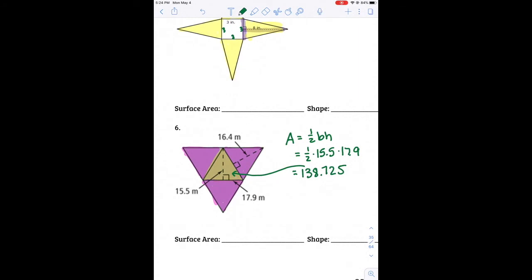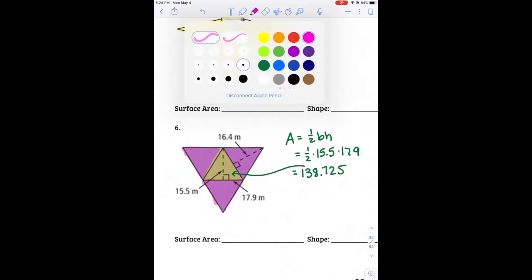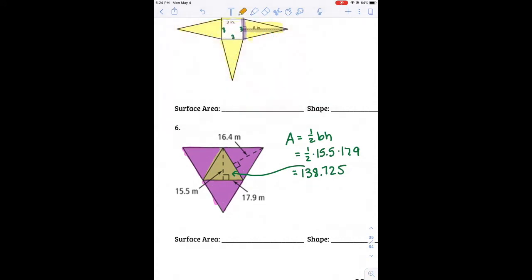Well, what do I think about the purples? I see that my right angle is here, but they only gave me one of the numbers, the 16.4. So I have to use the clues I'm given. Do I think that the other line is worth 15.5 or 17.9?